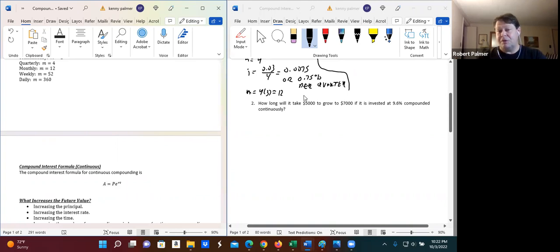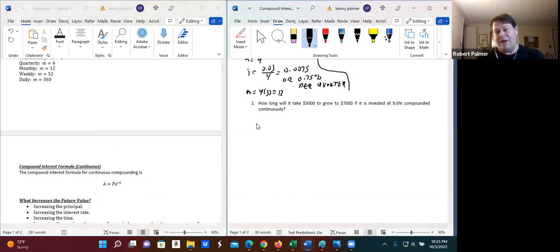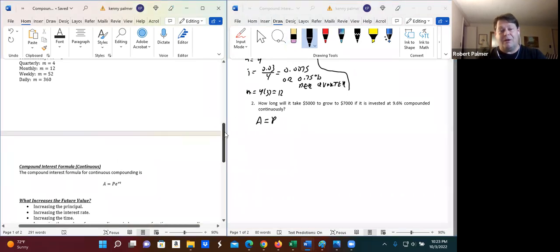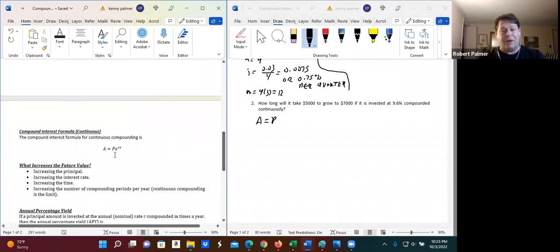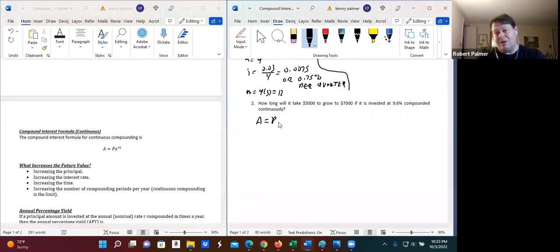So let's take a look at this. How long would it take $5,000? Let's use our formula. A is equal to P times 1 plus I... I'm sorry, that's the wrong formula. For this one, we're going to use the continuous compounding formula, A equals P times e to the rt.